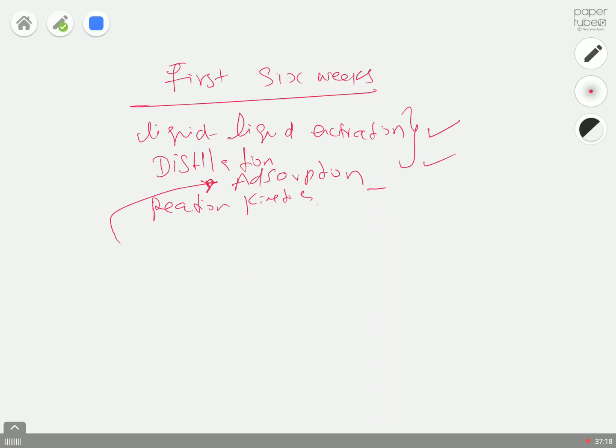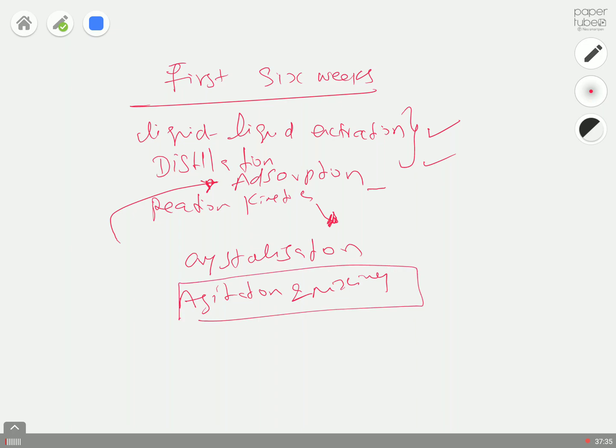Then we will come back to another slightly more engineering topic, which is reaction kinetics. Then we can go to crystallization, agitation and mixing. In fact, I should go with agitation and mixing first, but I prefer to go with the toughest topic first, because it will give you a lot of time to read these topics.